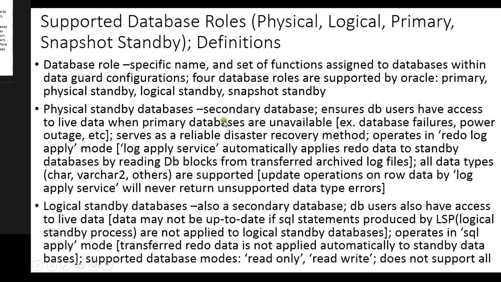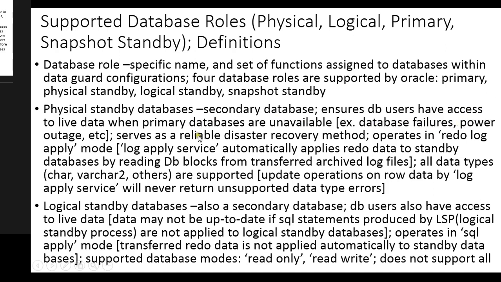Physical standby databases are secondary databases. They ensure that database users have access to live data when primary databases are unavailable. And remember I told you, with this physical standby, you can have the physical standby act as a takeover as the primary database if the true primary database fails, is down, or because of network issues.